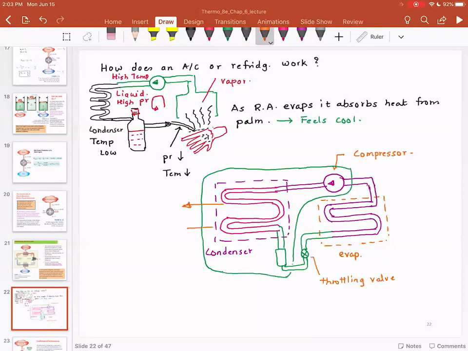So in the condenser, the high pressure, high temperature liquid is cooled. So this is where the heat is rejected.